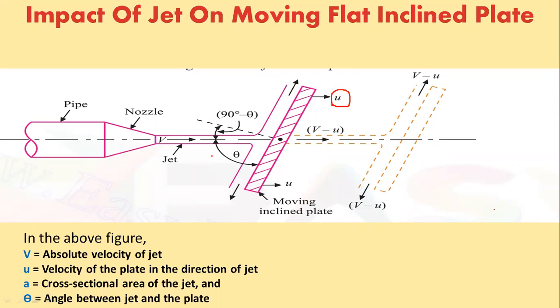Hence the jet will not be striking the plate with the absolute velocity V, but it will be striking the plate with a relative velocity V minus u. Let A be the cross-sectional area of the jet, and let theta be the angle between the jet and the plate. So these are some important notations. Now let us proceed.